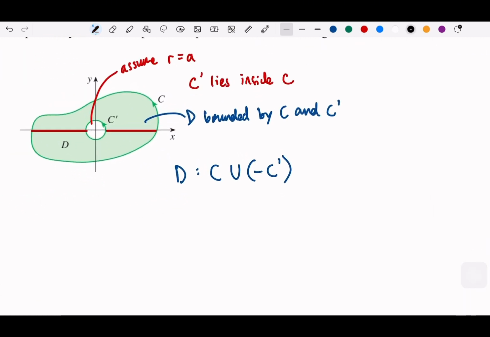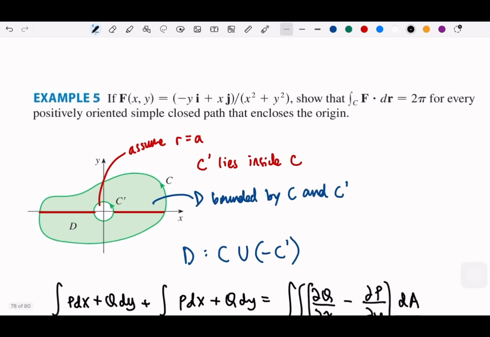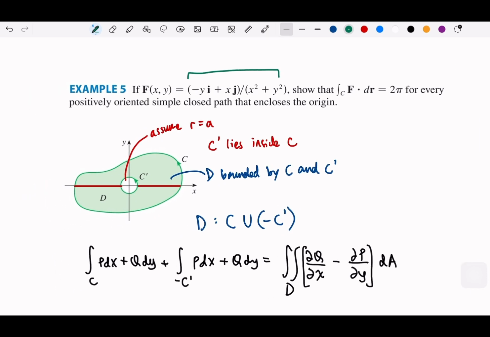So we could write down the general line integral, and this becomes a double integral over D. We now have the relations for F. F of x, y is negative y over x squared plus y squared i, plus x over x squared plus y squared j.